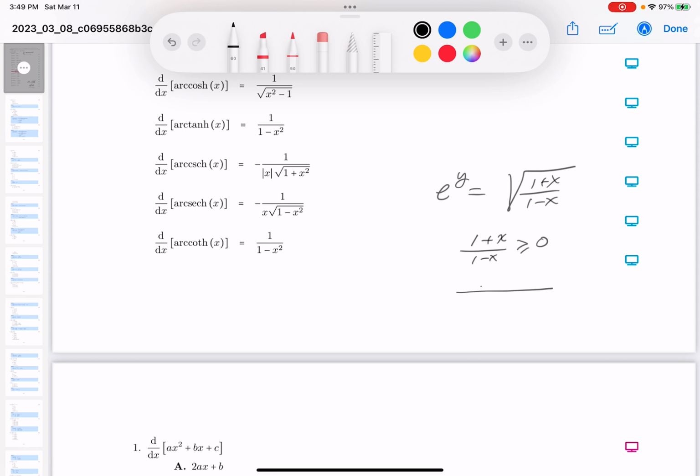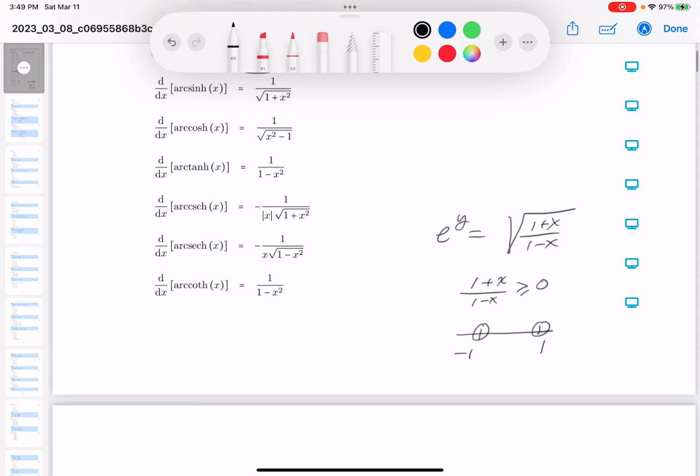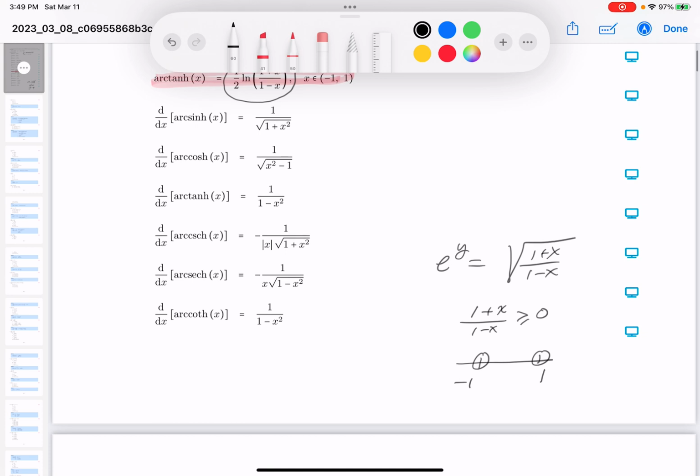All right? Let's take a look at that. I'll put the zeros of the top and the bottom. That's where I changed the sign, by the way. So at 1 and at minus 1, I'm going to shade in the 1. Right? No, I can't shade in 1, can I? I'll tell you why. I have division by 0. That would be terrible.